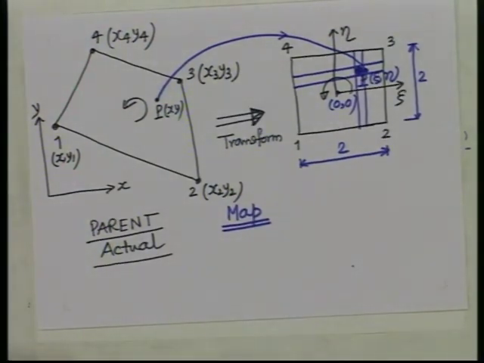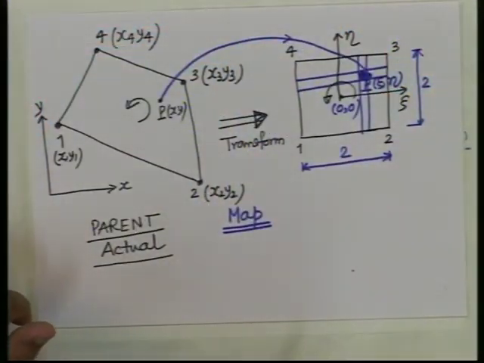So, this mapping is what is called isoparametric transformation. Of course, I will not say isoparametric for the transformation, because the word isoparametric comes when you have the same shape function for displacement and geometry, but this mapping comes for the general case: any general shape can be mapped into a simple shape, that is all.